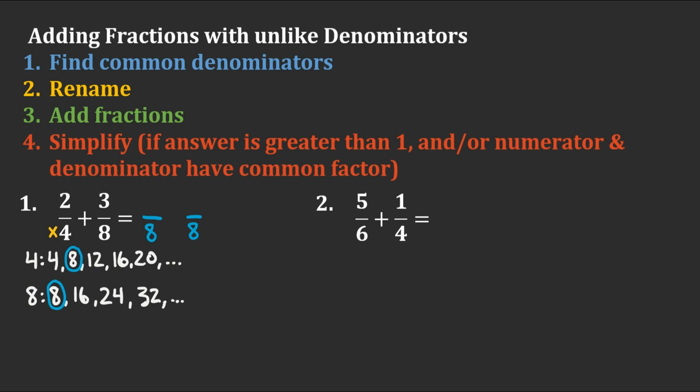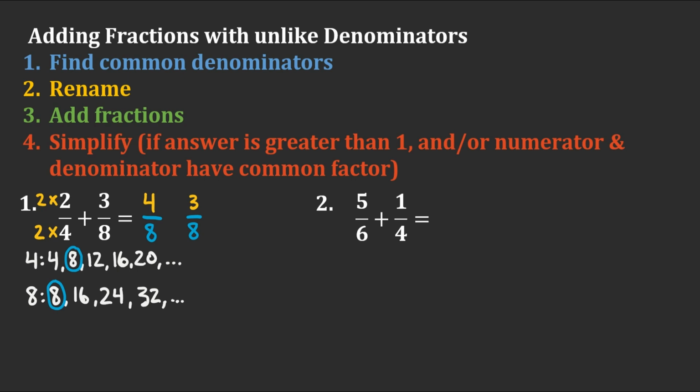Well, 4 times 2 gives us 8. To find that numerator, we need to multiply by that same 2, which gives us a numerator of 4. Now the other fraction, 3/8, just stays the same, right? It already has 8 in the denominator, so we don't have to do anything to that fraction. It stays exactly the same.